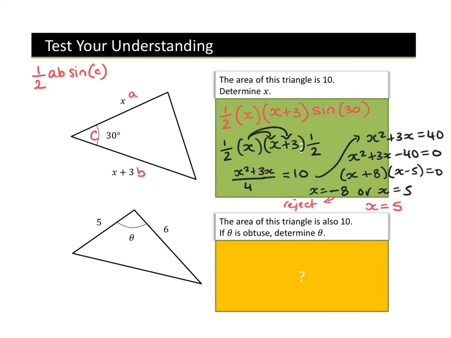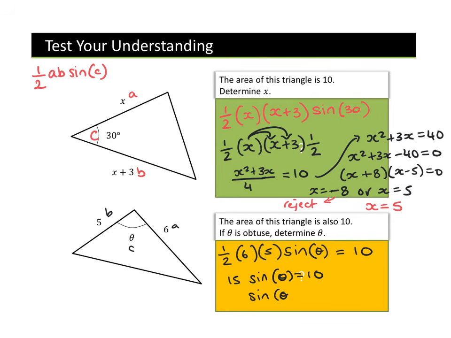So, again, this is my angle C, my A and my B. So I've got a half A times B times the sine of my angle equals 10. A half AB, well, a half times 6 times 5, so I get 15 sine theta equals 10.